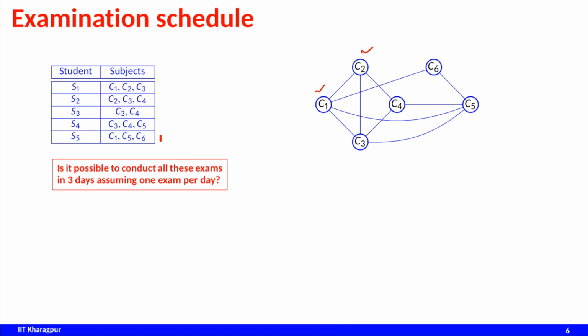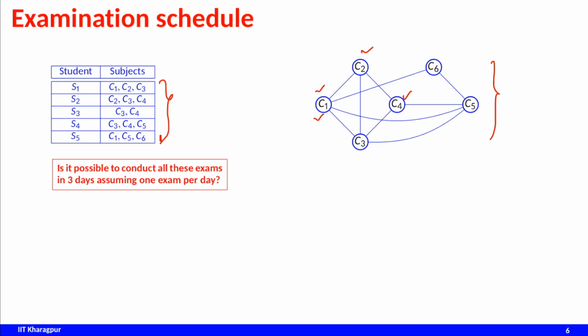Given this information, we can construct a conflict graph which will describe which subjects we can conduct on the same day. Now if you look into this conflict graph, then I can very easily say that C1 and C4 can be conducted on the same day.